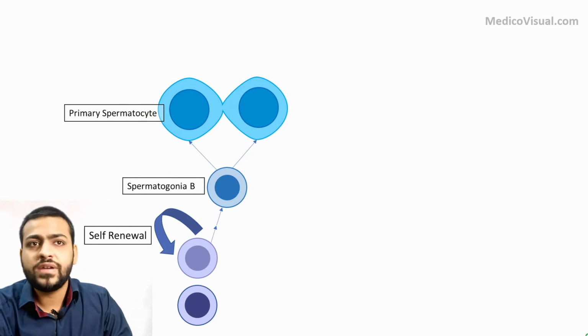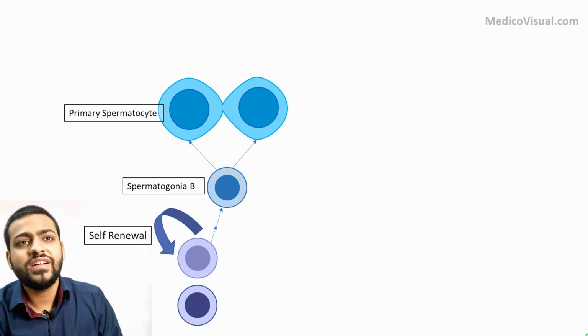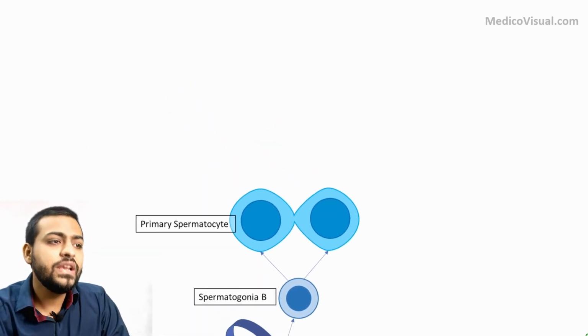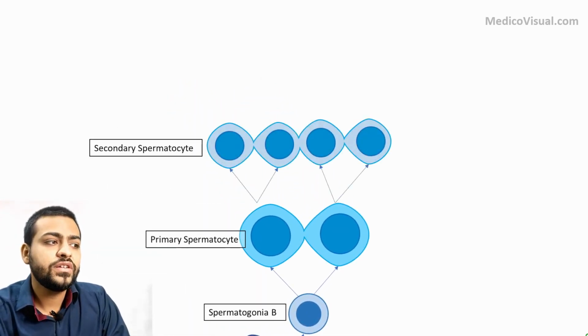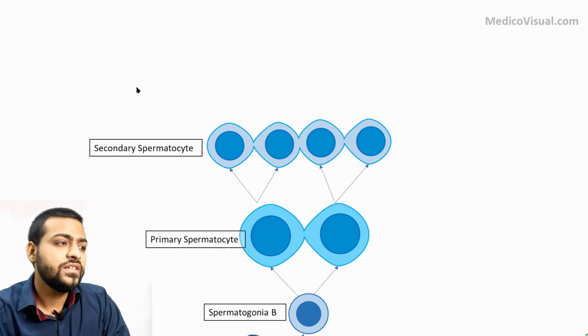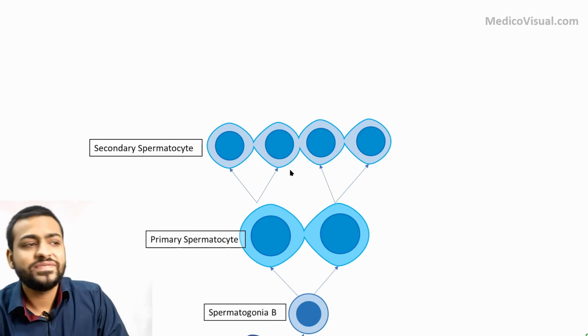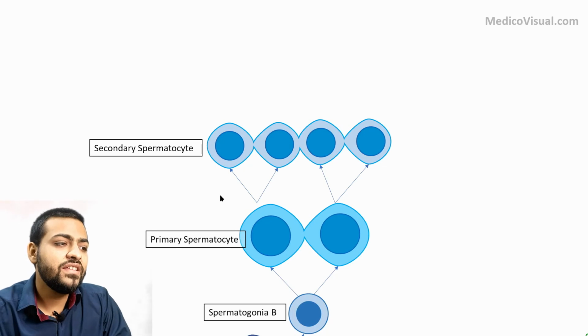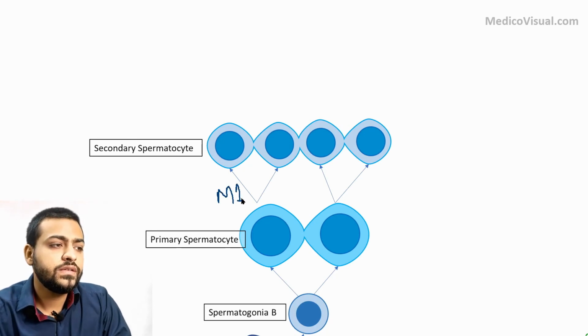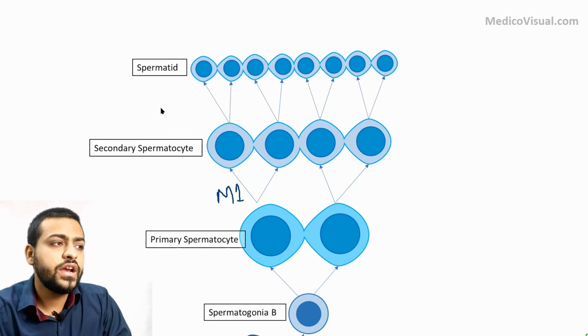So now the primary spermatocytes are hidden from the immune system, and they can happily undergo meiosis 1 to form secondary spermatocytes. Then the secondary spermatocyte will undergo meiosis 2 to form spermatids.